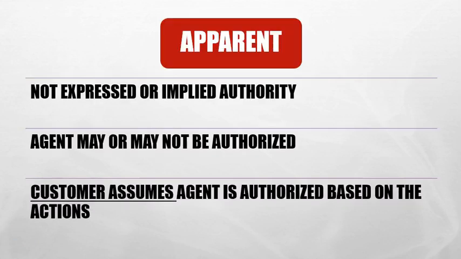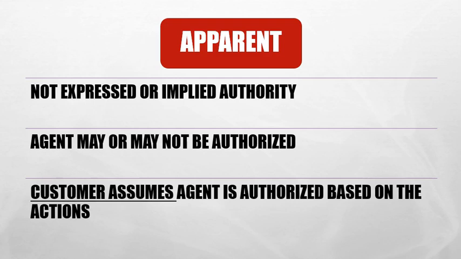Okay, now to the red color. Apparent authority. When someone apparently does something, there is an assumption being made. It appears to be, but not for sure. So in this case, the customer assumes the agent is authorized based on actions.